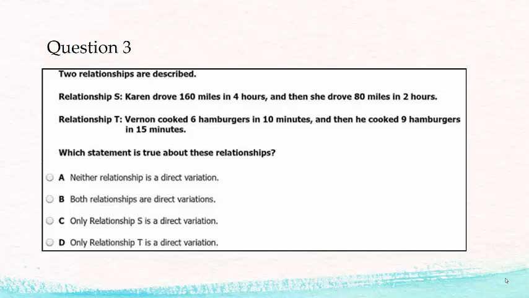Also, Vernon cooked 6 hamburgers in 10 minutes, then he cooked 9 hamburgers in 15 minutes. There's really no relationship between the two. We're looking for something like constant slope. Like Karen driving 160 miles in 4 hours, there would be a direct variation between the time and the distance traveled, or something to that extent. But if they're changing the slope, that can't be a direct variation. So our answer is A.